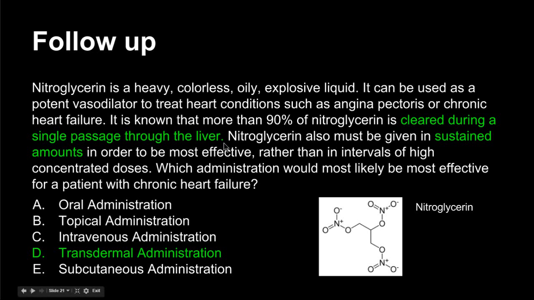So we know that this is a relatively rapidly metabolized drug, and more than 90% of it is essentially metabolized through one passage of the liver. That's quite a bit. So we can probably rule out oral administration just from that, because it's not going to be a very effective administration technique, because we're going to lose a lot of the nitroglycerin drug.